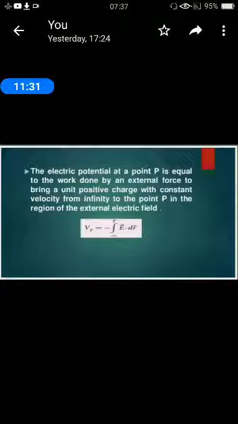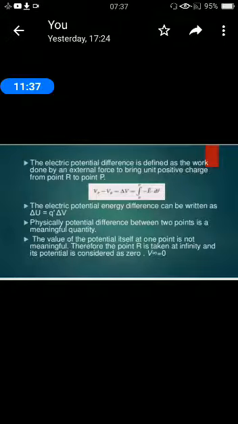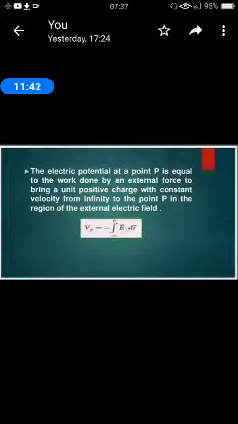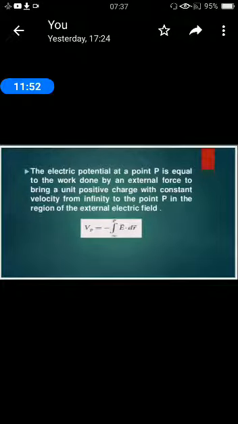Here, you need to be very careful. We have learned two terms: one is electric potential difference and another one is electric potential. So let's pause to learn again what is electric potential difference and what is electric potential.